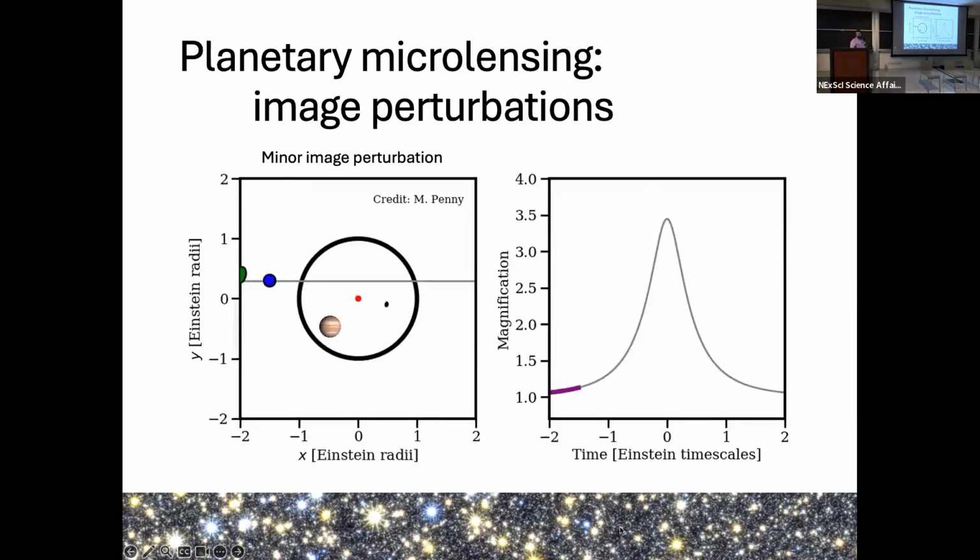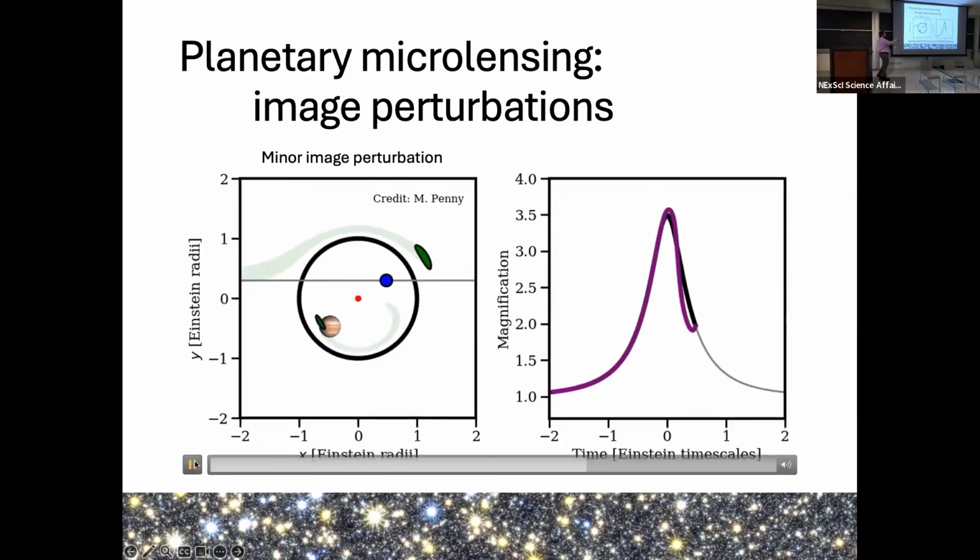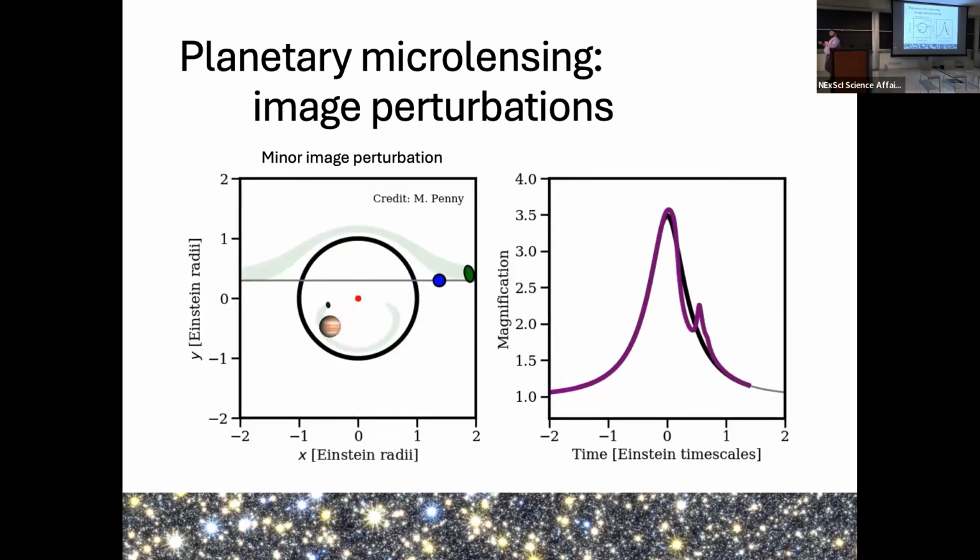A similar thing happens for a minor image perturbation. So this is the image inside the Einstein ring now. If we put the planet inside the Einstein ring, that's going to perturb the second image, the minor image. This image is smaller, so it is less bright. Again, apologies for the compression artifacts on the zoom.